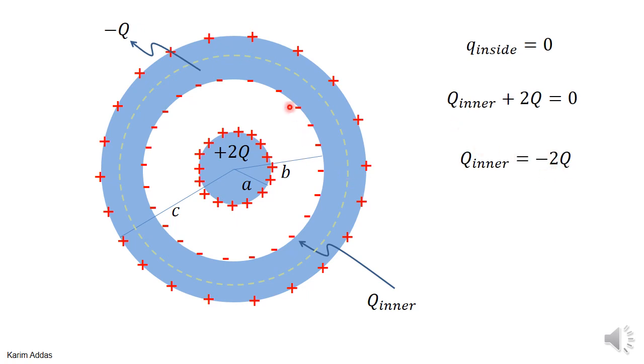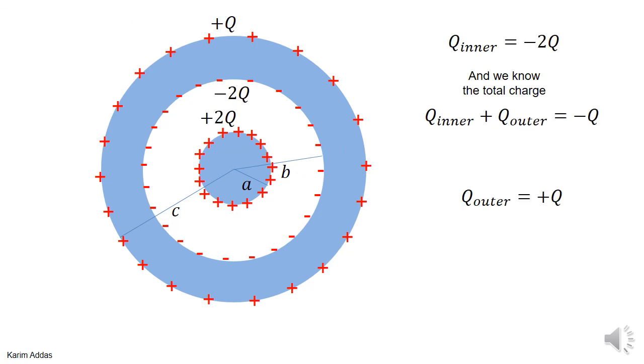Now that we know Q inner, and we know from before that Q inner plus Q outer is minus Q, as given in the problem, we can get Q outer. Plugging in Q inner as minus 2Q, we take it over to be plus 2Q. Plus 2Q minus Q is Q, so Q outer is equal to plus Q.